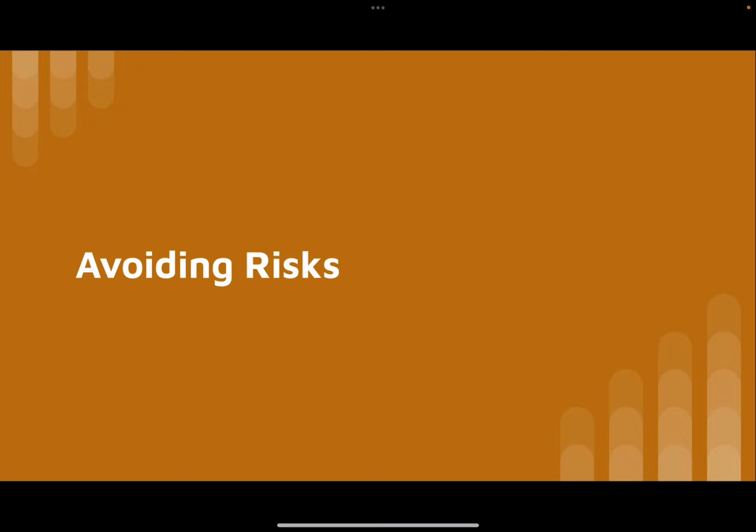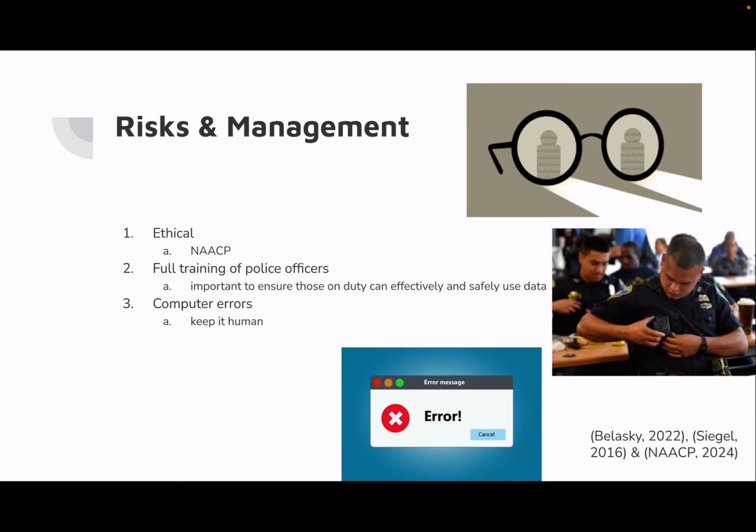Implementation of these big data sources is incredibly important, but risks also need to be considered to ensure that there isn't a failure with this big data, so that we can actually use it successfully. Number one is ethical. The NAACP found that data can produce racist results.